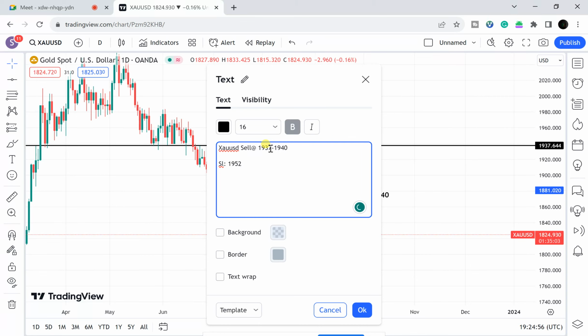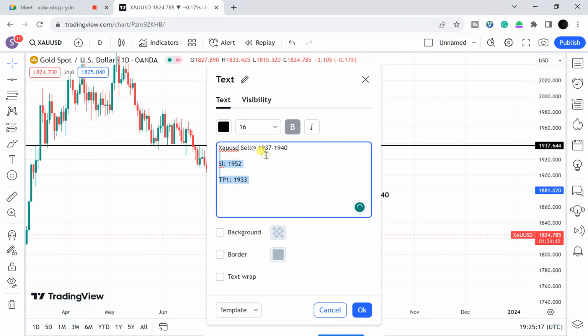My TP1 is going to be 40 pips from my first entry, which is 1937. So 40 pips from my first entry is going to be 1933. So I'm going to write TP1, 1933, right?